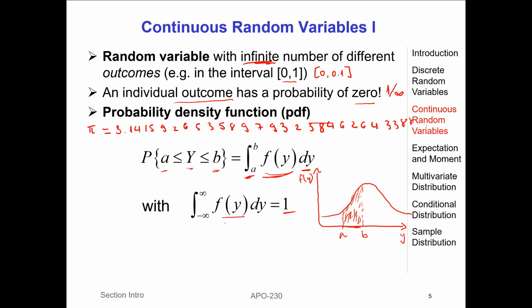So that's the general idea. So what is f(y)? It is the probability density function. The function that when you take the integral of it from A to B will give you the probability that the outcome of the variable falls between A and B.